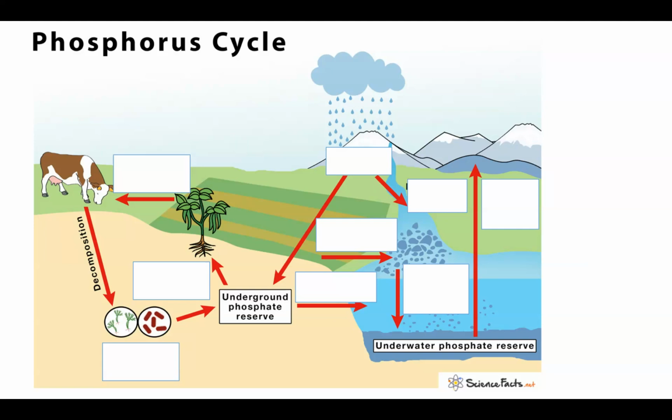Our plants are going to take in phosphorus through water. And then consumers are going to eat those plants. Consumers eat producers.